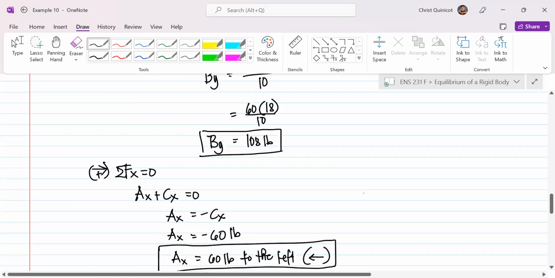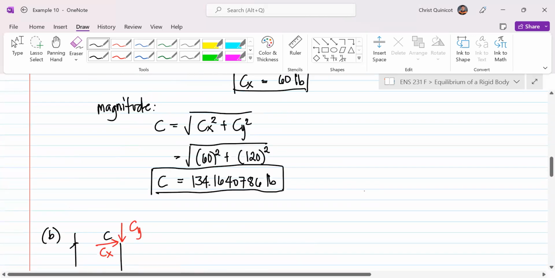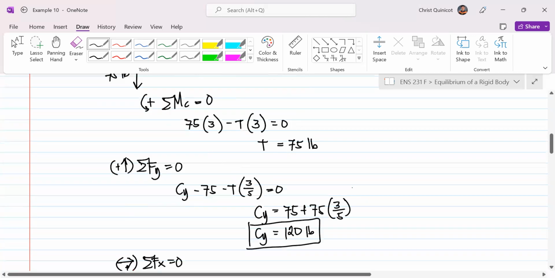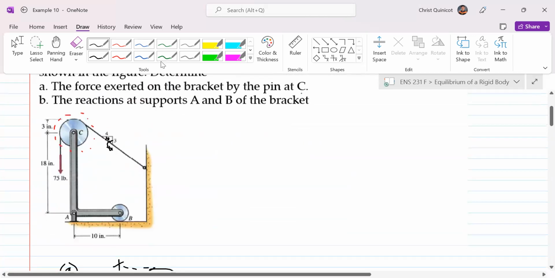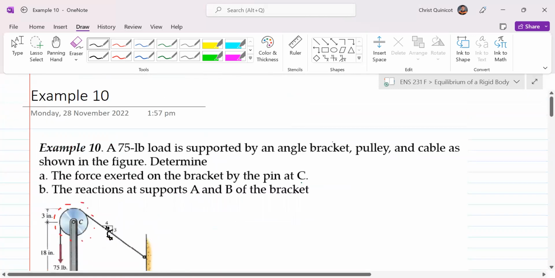So this is how we do our analysis, especially if there is more than one rigid body involved. That's example number 10.